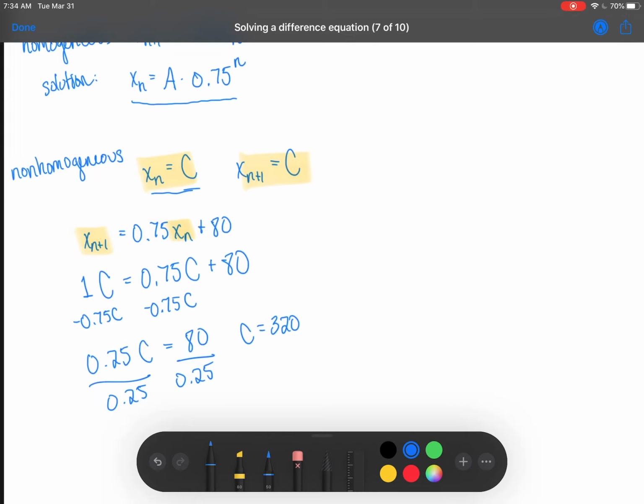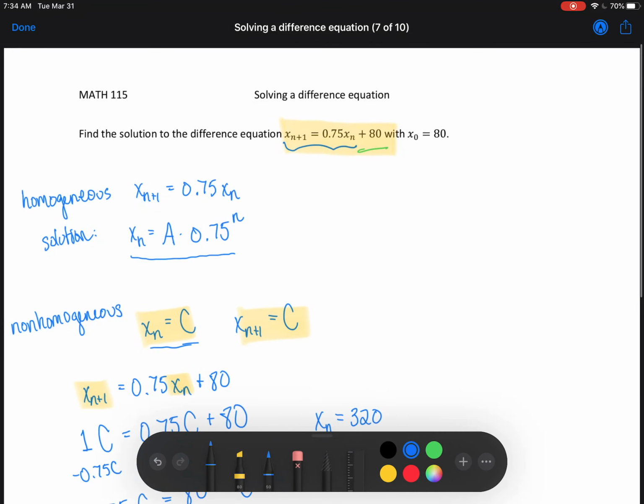All right, but remember back up here that our x sub n is equal to c, and c is equal to 320, so that tells us that this part of the solution has the form x sub n equals 320. So I'll go ahead and underline that as well. All right, so now we have the solution to the homogeneous part, x sub n equals capital A times 0.75 to the n, and the solution to the non-homogeneous part down here, x sub n equals 320.